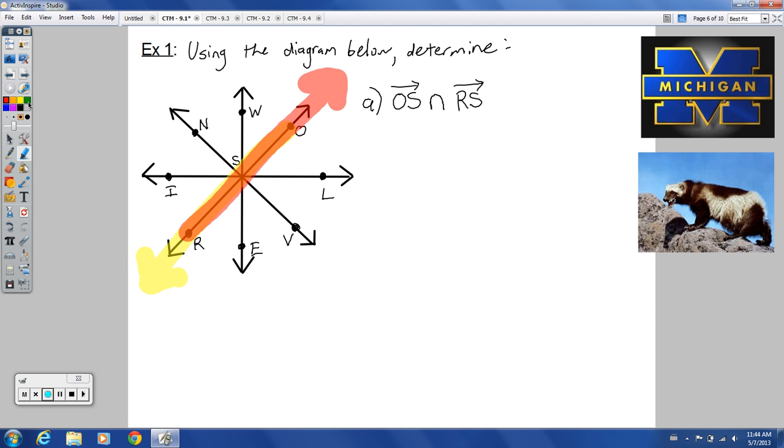But you'll notice from here to here is where they intersect, what they have in common. And so that is going to be what the intersection is. That's going to be ray RO. So I'm going to get rid of that stuff, but that was how we arrive at this being our answer. Or not ray RO, that was segment RO. My apologies. So segment RO, you could also say segment OR would be the same thing.